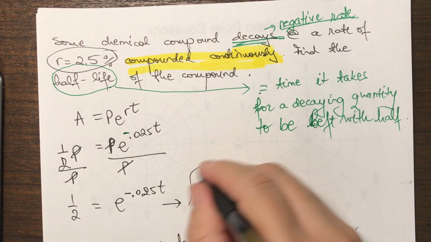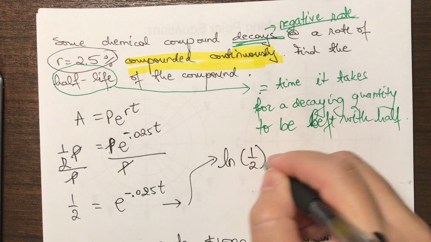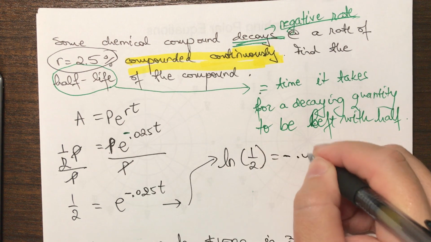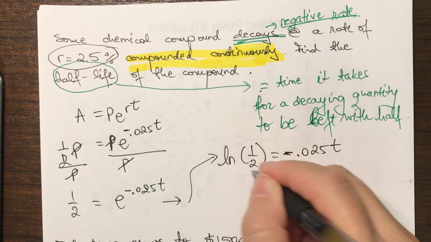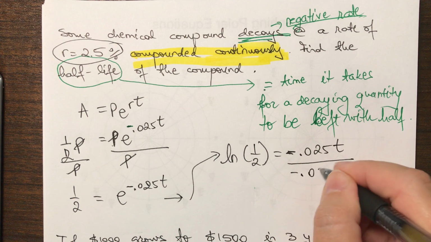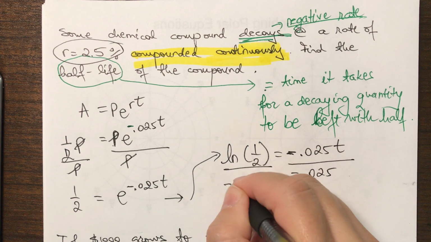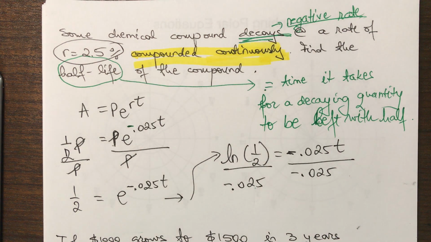Okay, so to solve for t, what am I going to do? Log both sides, or change into a logarithmic form. And of course, the fact that this log is going to be negative, but you're dividing by another negative, so that makes the time back positive. So if you mess up on this, you know you messed up on the sign. So again, decaying means a negative rate of growth, right?